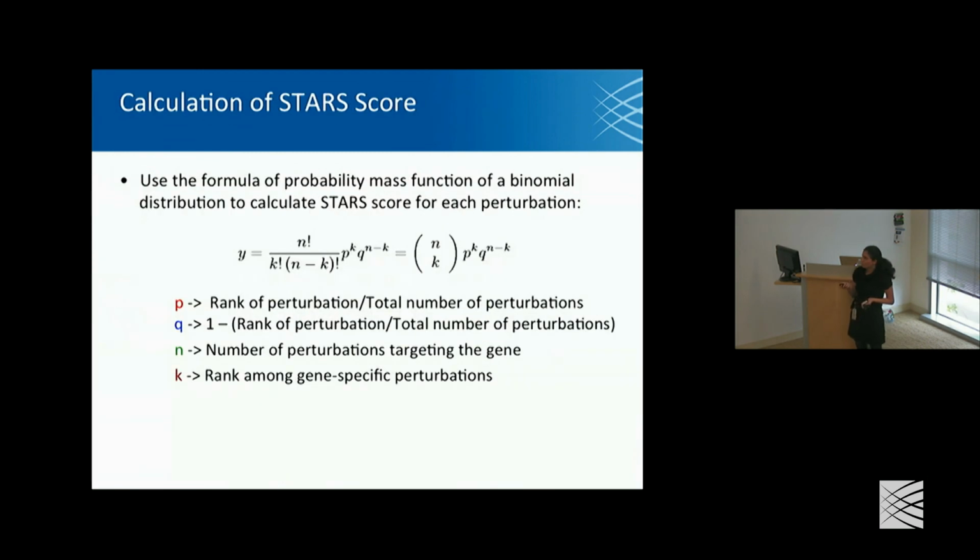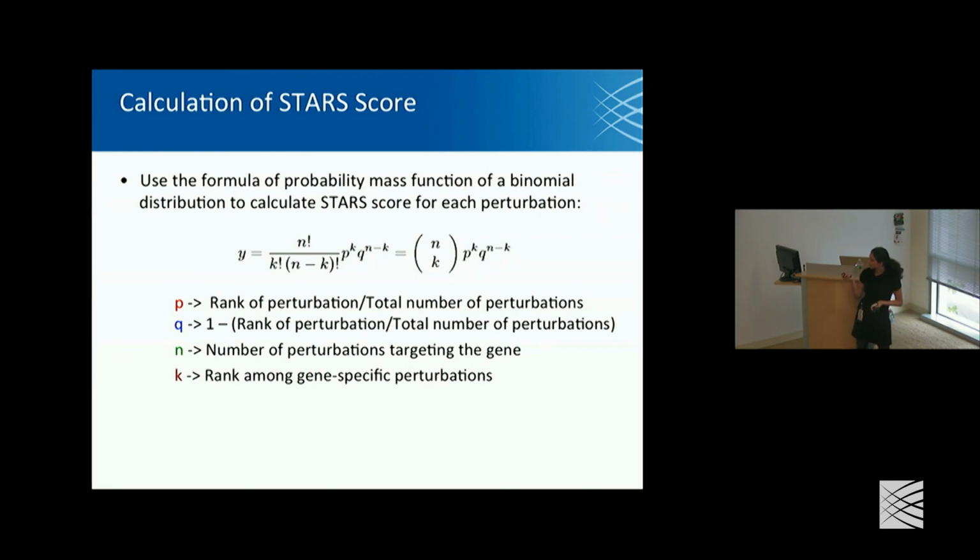So once you have your input files, you can then move on to using these methods to calculate gene p-values. STARS here uses the probability mass function of a binomial distribution to calculate the gene p-values.